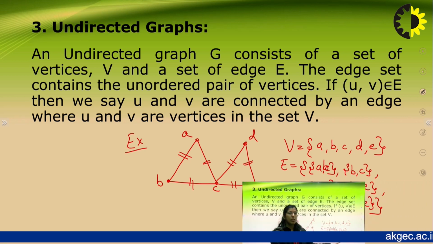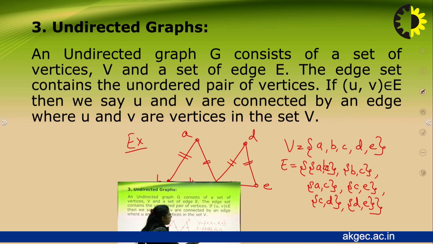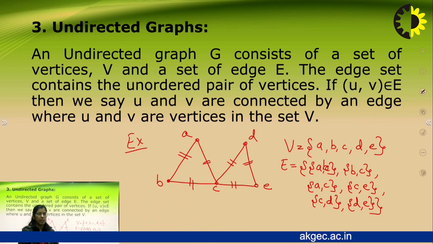These are unordered pairs because the position is not defined here, whether in this particular edge A is the initial point or C. So this is how we represent an undirected graph.